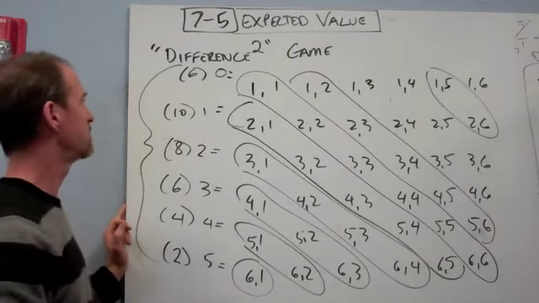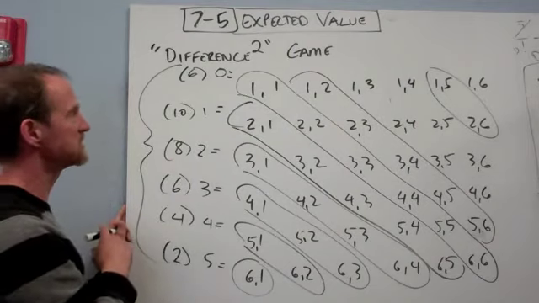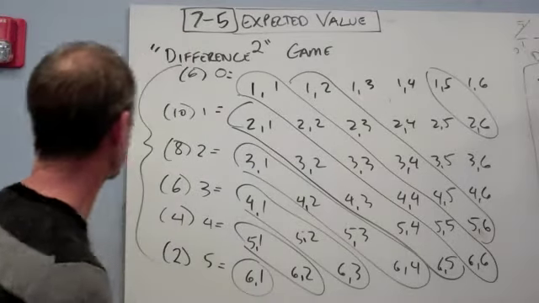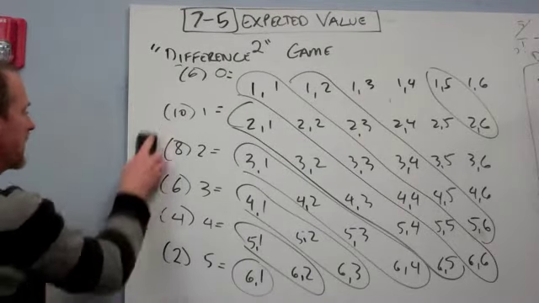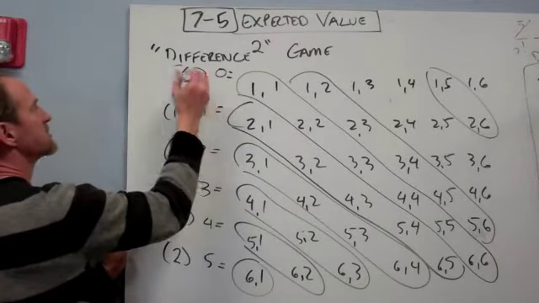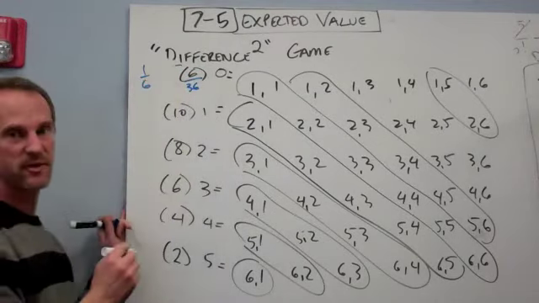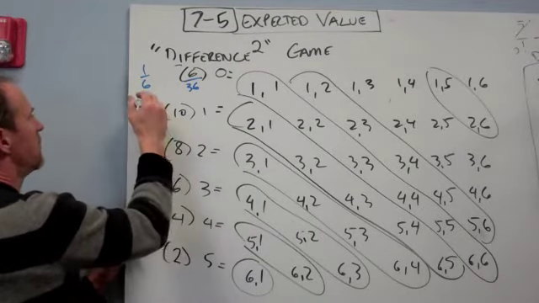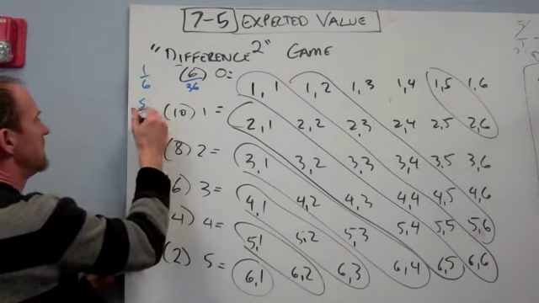The probability then would be all of these out of 36, and I guess what I can do is most easily express that as a fraction. I'm going to get rid of this bracket here. The fraction for each of these would be 6 out of 36, which is 1/6. That's the probability that my dice are doubles. This would be 10 out of 36, or 5 out of 18.